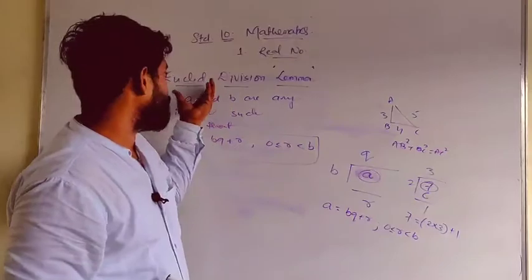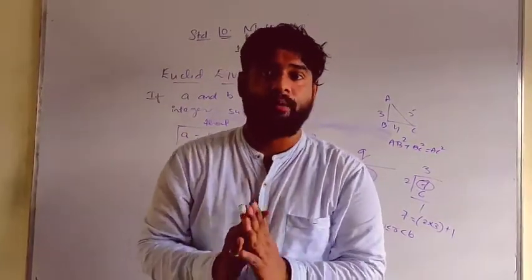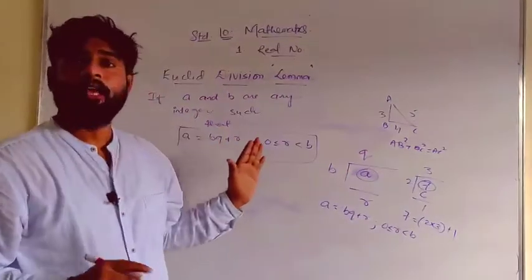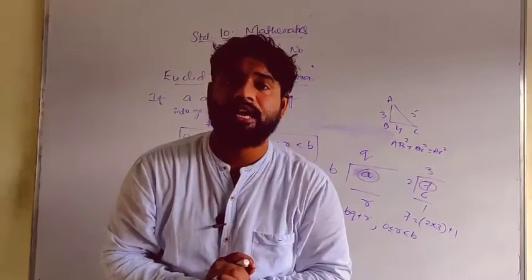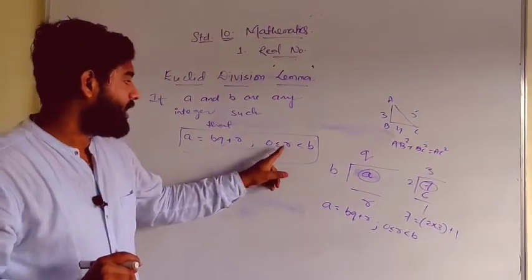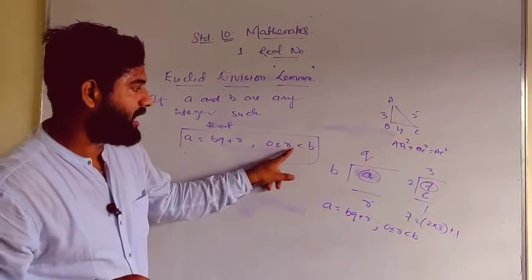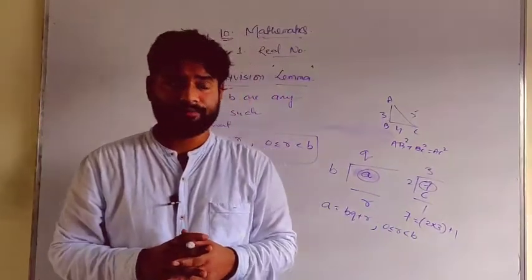So this is also Euclid division lemma. In some book it is also called as Euclid division algorithm. So I hope this topic is clear. So whenever I am using Euclid division lemma, I am going to use A is equal to BQ plus R, where R should be either 0 or more than that, but less than B. Now what is the use of this?